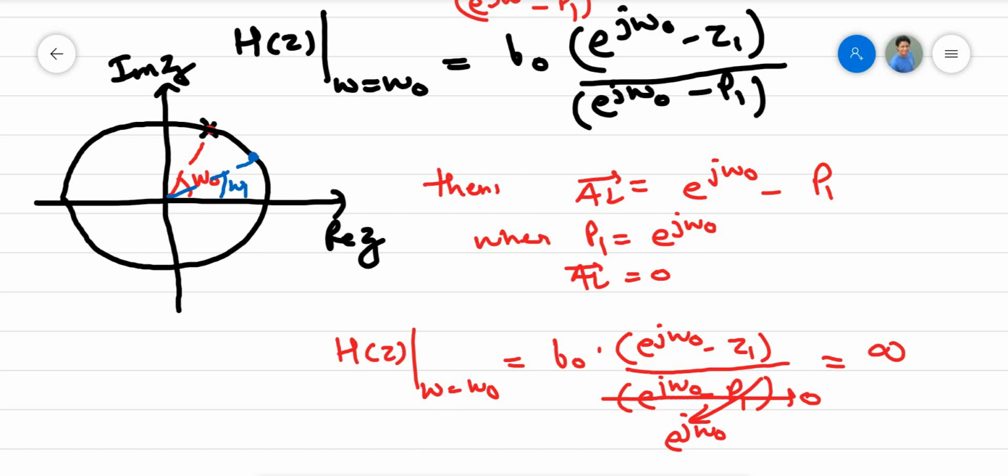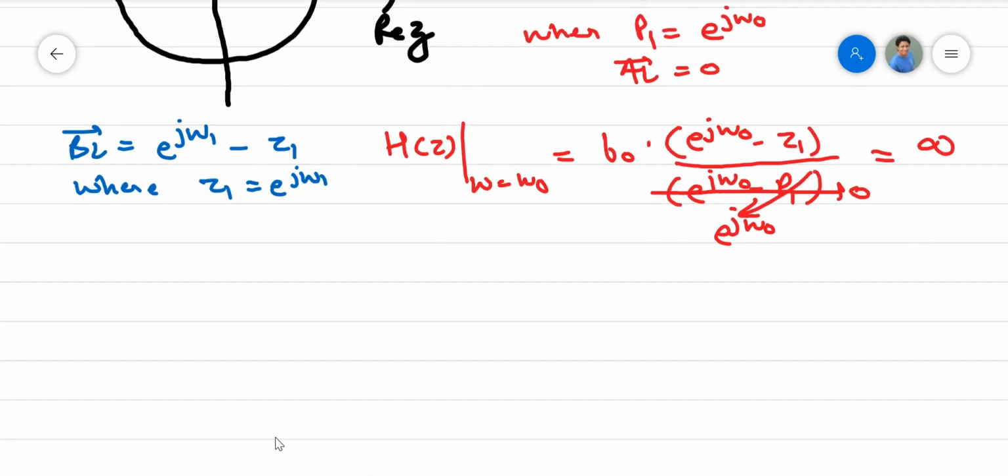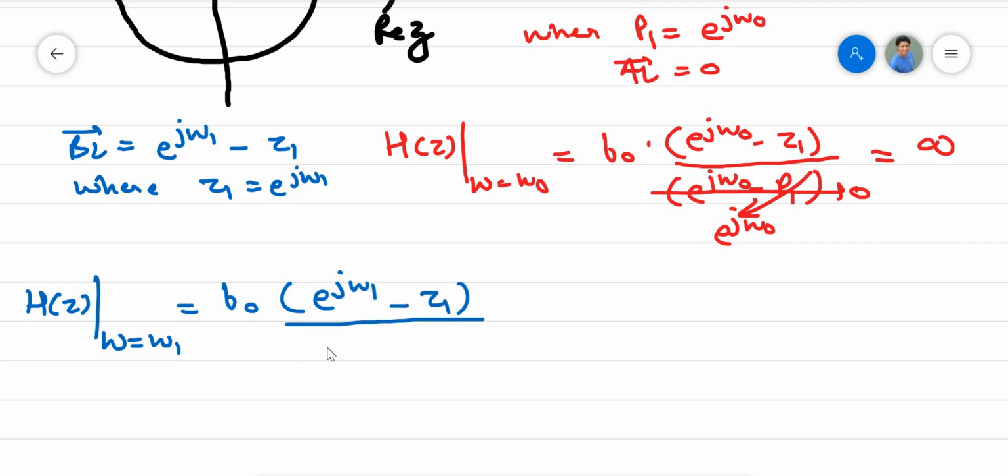Now for this particular point, the vector will be exponential j omega 1 minus z1, where z1 is also equal to exponential j omega 1. Then H(z) at omega equal to omega 1 is B naught exponential j omega 1 minus z1 over exponential j omega 1 minus p1.